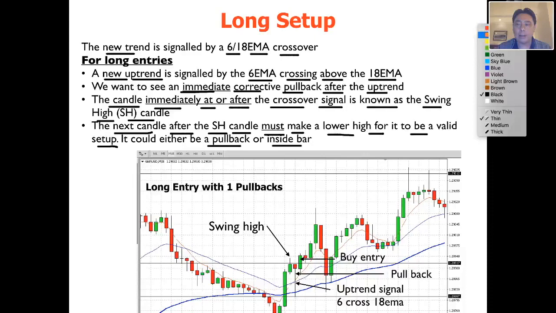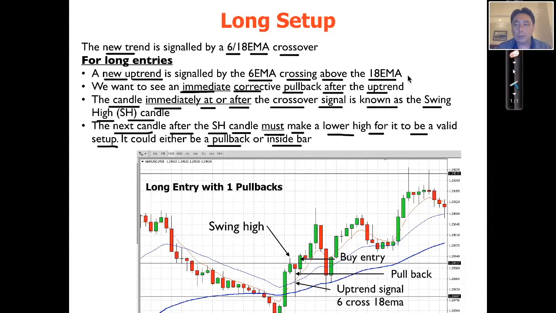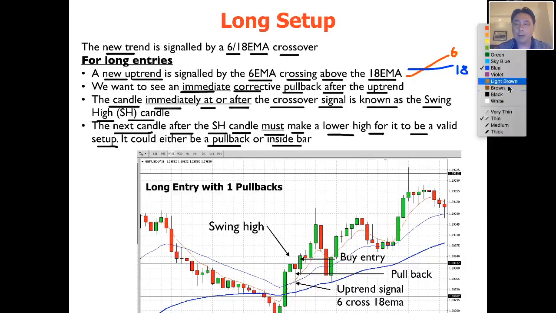So what I'm saying is, we want to see the 6 moving average crossing above the 18 EMA. So that is the signal of a new uptrend. Now here's the really important part.